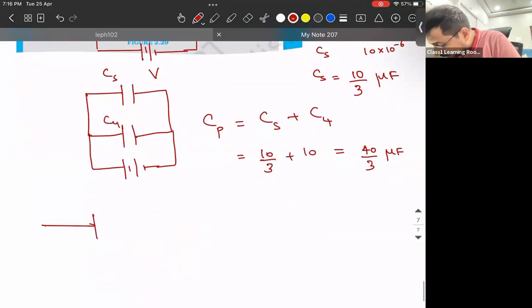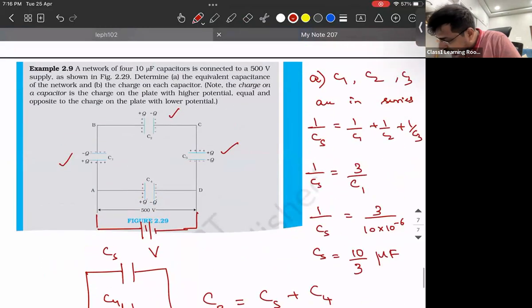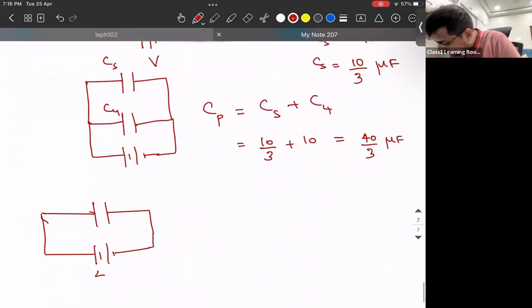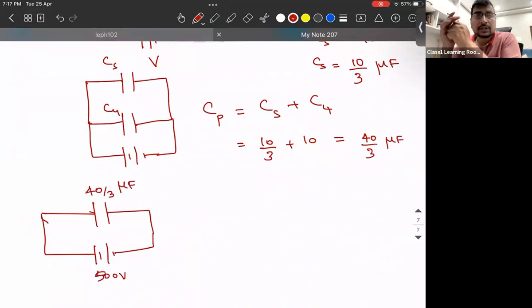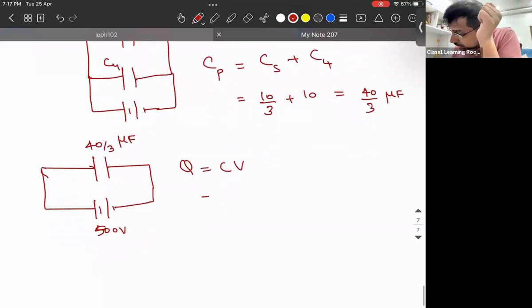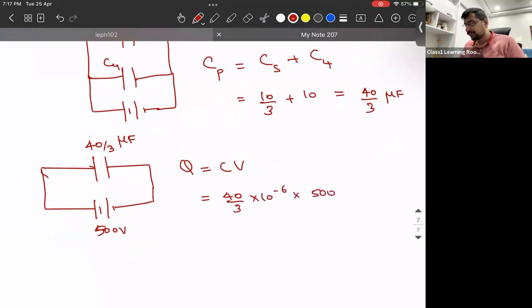So how will the circuit look like? The battery is 500 volt, and this would be 40 by 3 microfarad. So what is going to be the charge? Q will be equal to CV. So Q is equal to 40 by 3 into 10 power minus 6 into V, which is 500.